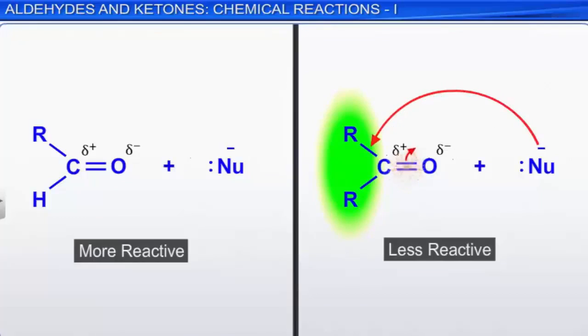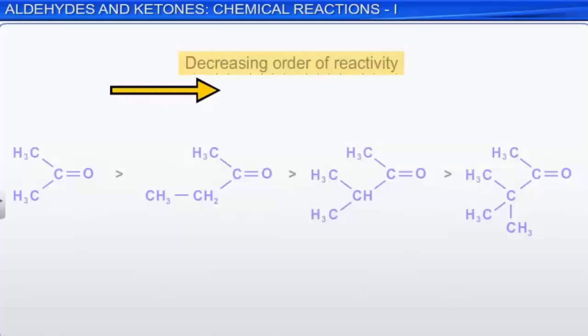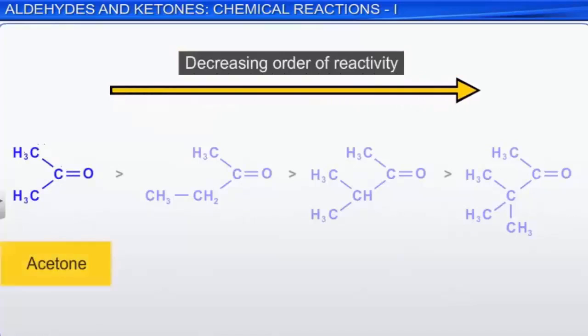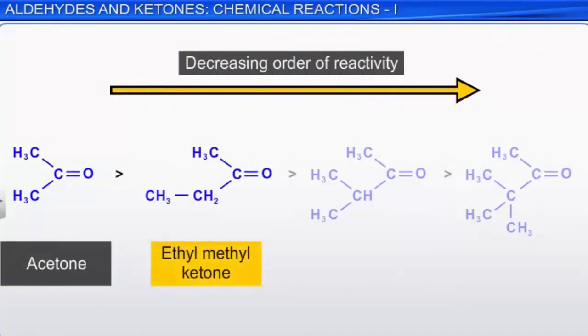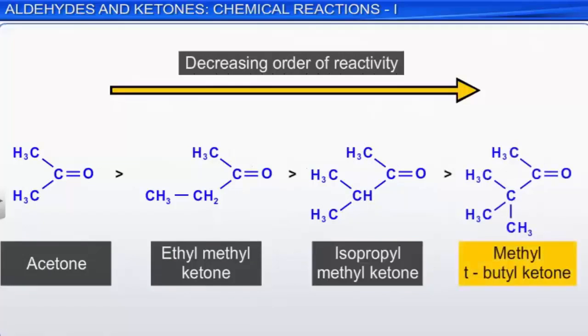Hence, the bulkier the alkyl group, the lesser is the reactivity. Therefore, the decreasing order of the reactivity of ketones is: acetone is more reactive than ethyl methyl ketone, which is more reactive than isopropyl methyl ketone, and methyl tertiary butyl ketone.